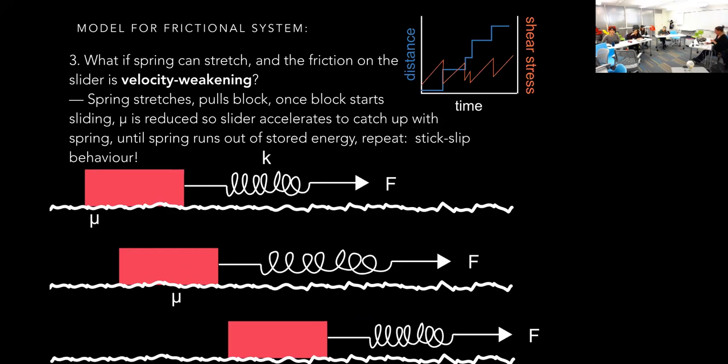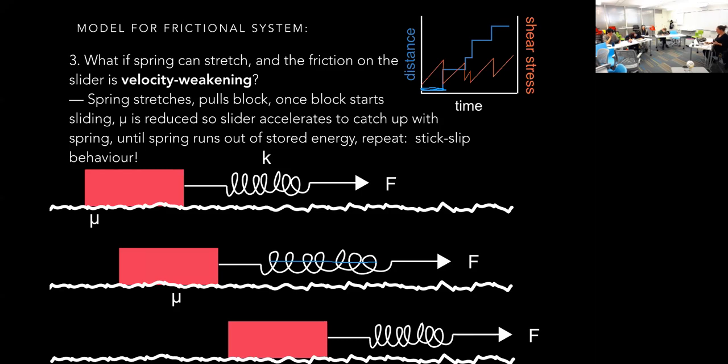So the same thing happens off the bat. We pull the slider, and the first thing that happens is that the spring stretches out. So we have a time with no displacement at the beginning while we load the system. Then, when we reach the stiffness of the spring, this is where the system is different.